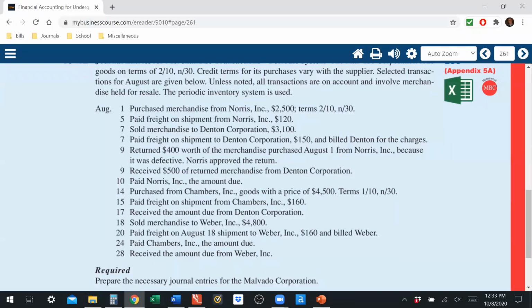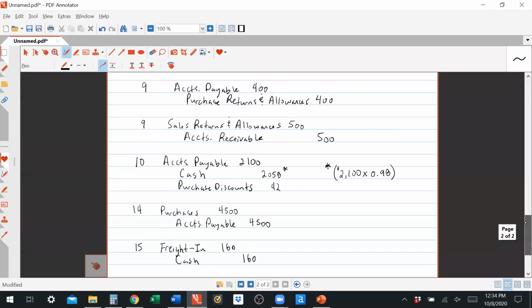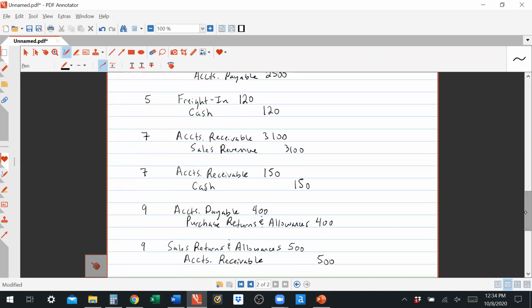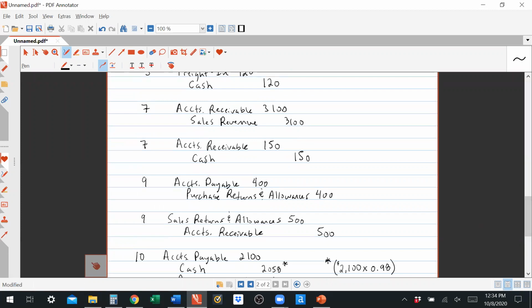So what is that? 2,600, and then an additional $150. So 2,750. And if you look here, accounts receivable relating to Denton, 3,100 here, 150 here. So that's 3,250. And then Denton returned $500 right here. Then we credited accounts receivable. So that's 2,750.